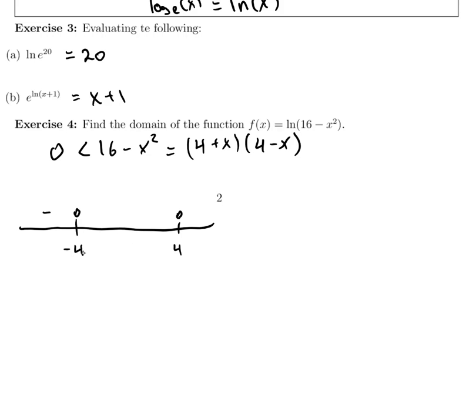When I plug in a number between negative 4 and 4, say I plugged in 0, I get a positive value. And then when I plug in something bigger than 4, maybe 5, you're going to get a negative number again. So this would tell me that our domain is going to be negative 4 to 4, non-inclusive, because I know I can't plug the value of 0 into my logarithm.